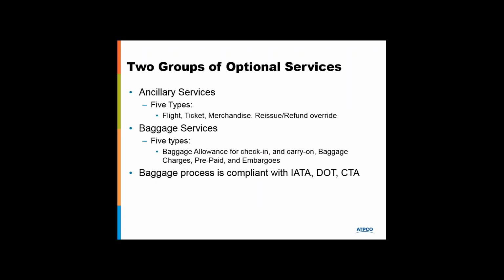And we offer 5 different baggage service types: allowance that goes on the ticket, what gets charged as excess, and if it can be prepaid. It's all designed to be compliant with IATA rules for bags processing and the U.S. and Canadian government regulations for bags, of how they should be used, how data should be used, these standards.